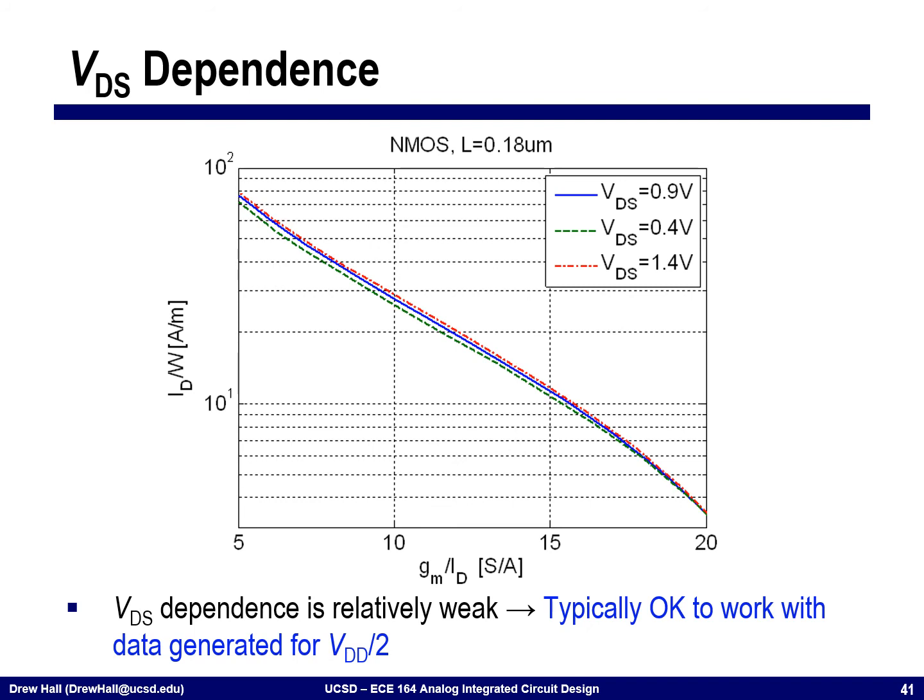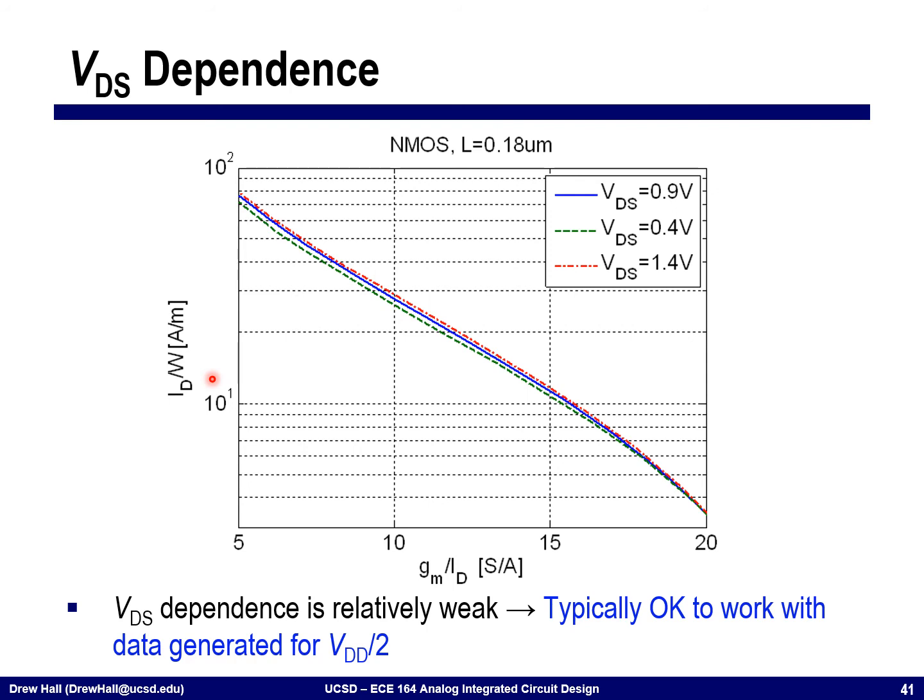We should ask ourselves a couple of things. All of these plots I generated way back at the beginning with a VDS of VDD over 2. What I'm showing you here is that I'm sweeping VDS for a couple of different voltages, 0.9, 0.4, and 1.4, and we're looking at ID over W. It turns out that it just doesn't change much.